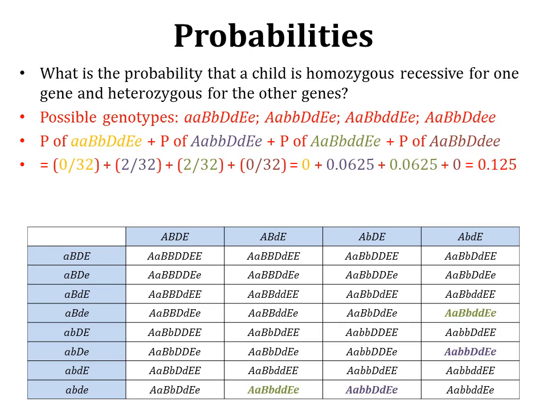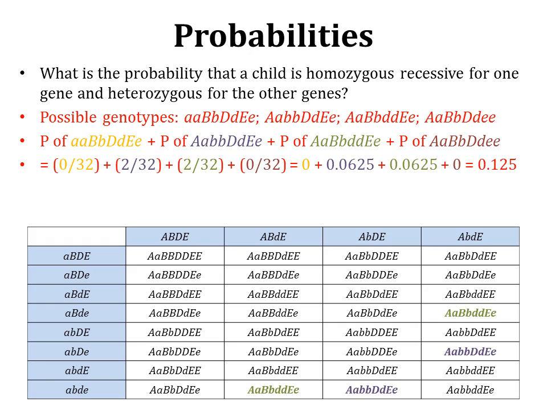So when we look into the outcome table, what do we have? We have 0 individuals who are homozygous recessive for the A allele and heterozygous for the others. Then we have 2 individuals who are homozygous recessive for the B allele and heterozygous for the others. And then we have 2 individuals who are homozygous recessive for the D gene and heterozygous for the others.